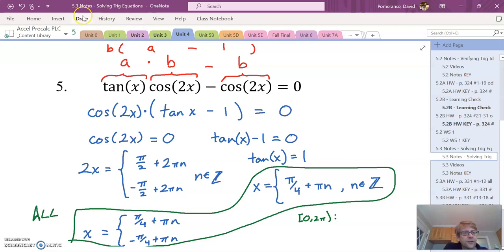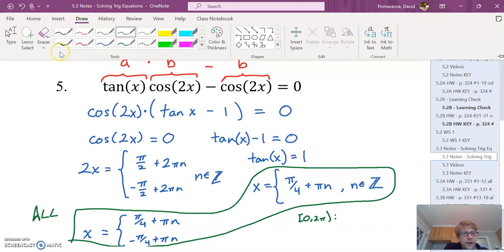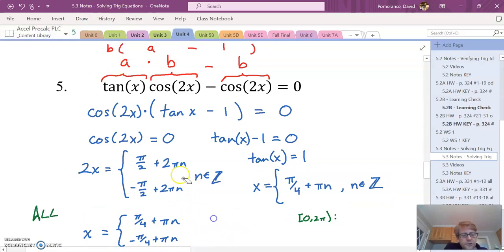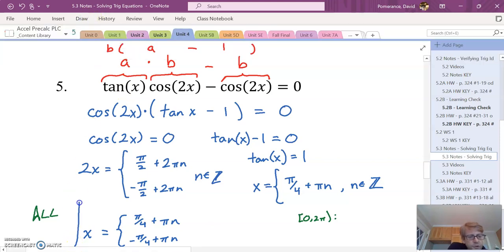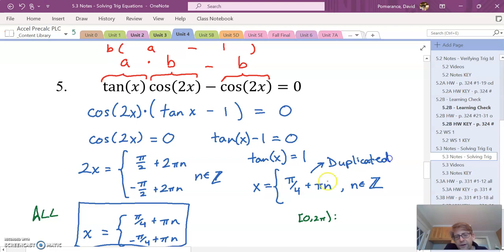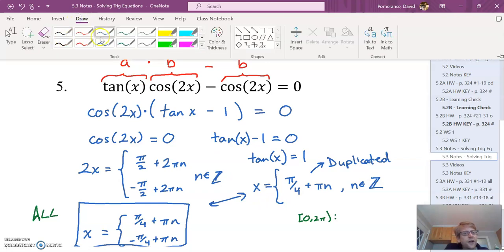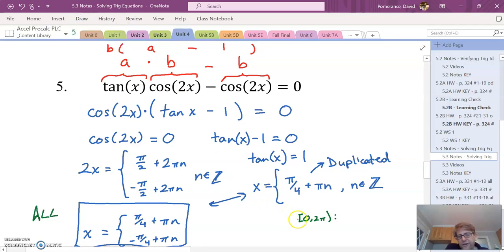In fact, let's go ahead and make this a little cleaner and just circle it in blue. That's all of them because this is a duplicate. That doesn't always happen, of course. It's duplicated between these two guys.